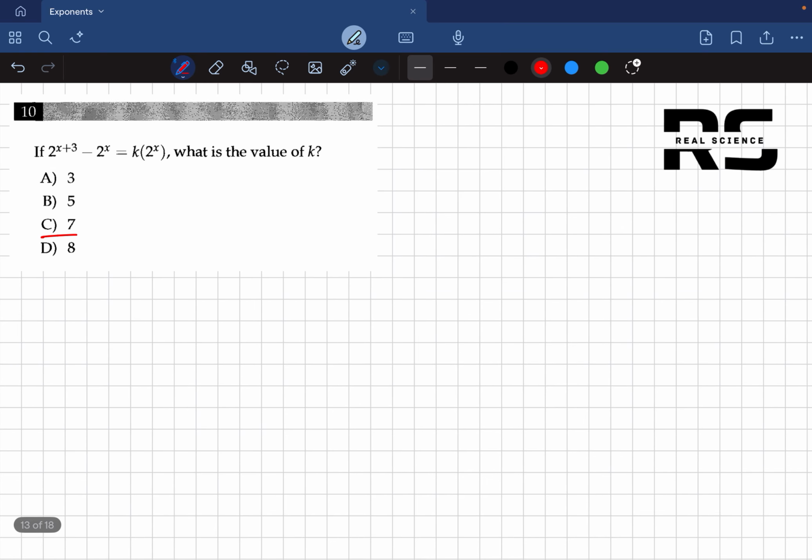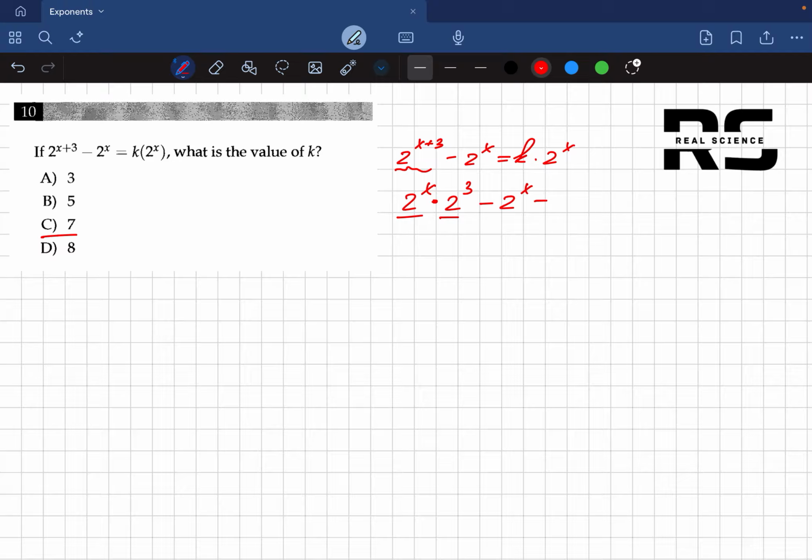Let's look at number 10. So we have 2 to the power of x plus 3 minus 2 to the power of x is equal to k times 2 to the power of x. Well, let's rewrite this as 2 to the power of x times 2 to the power of 3. The bases are the same, and when multiplied, we add the exponents.